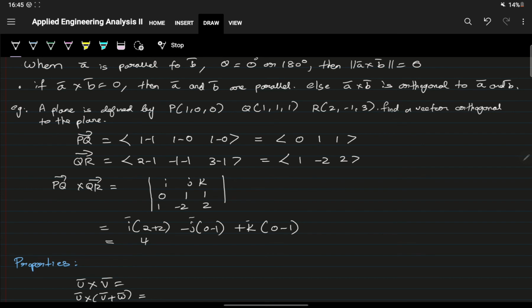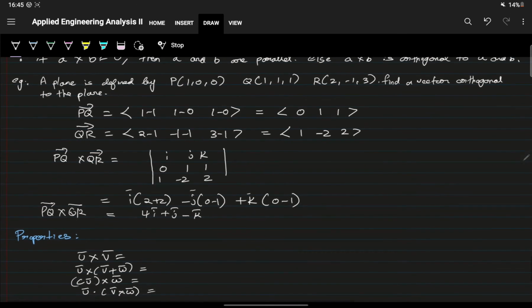That is 4i plus j minus k. This is a vector orthogonal to the plane given by the coordinates p, q, and r.